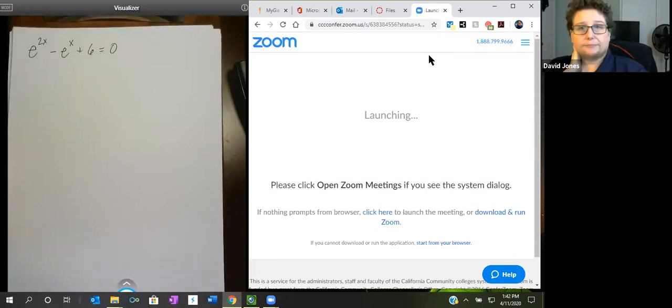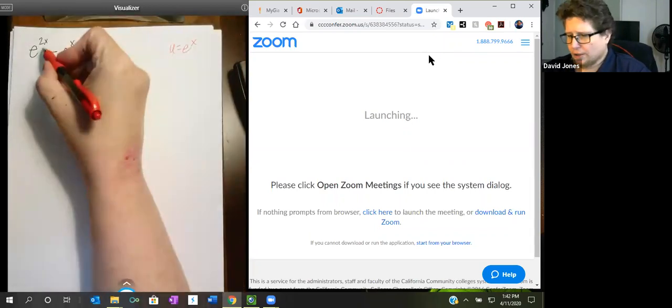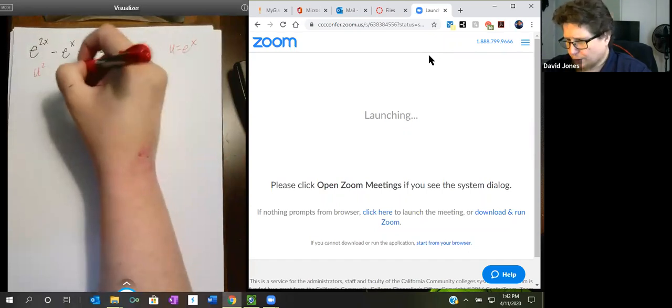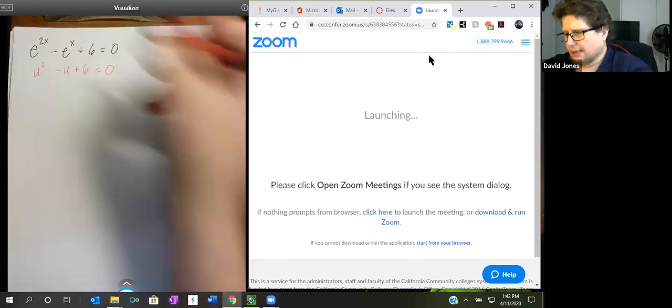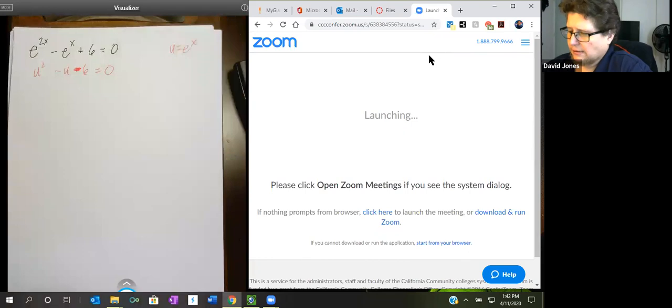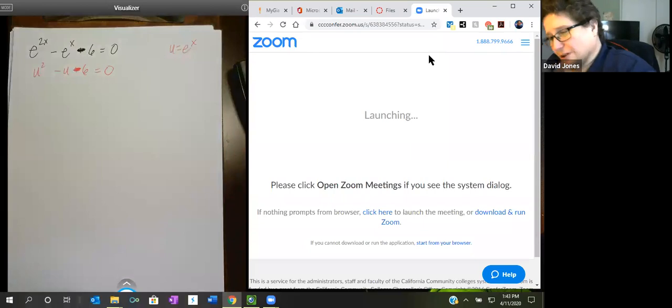Pause it and try to give that a try. Okay. We're going to make the substitution u equals e to the x. Recall, this is e to the x squared, like that. This becomes u squared minus u plus 6 equals 0. I need to make it minus 6. All right, pause it, try that. I think I gave you a problem that's not really all that solvable easily. It's going to give you ugly numbers. My bad.